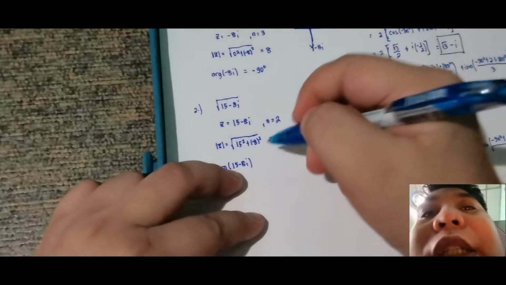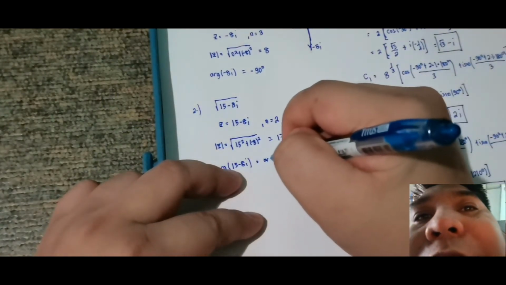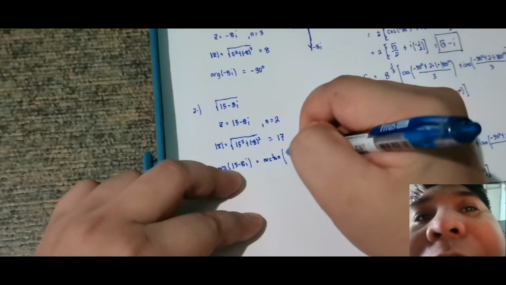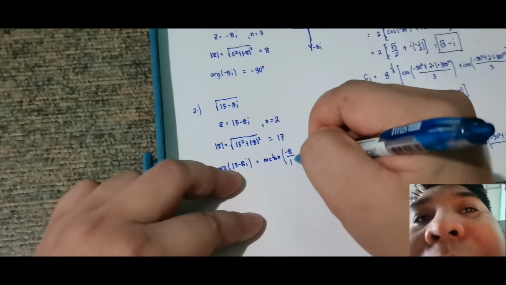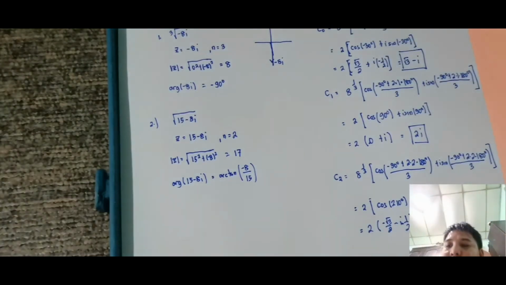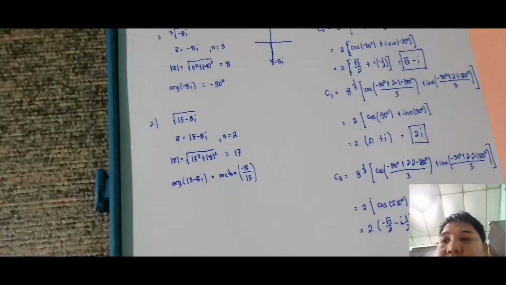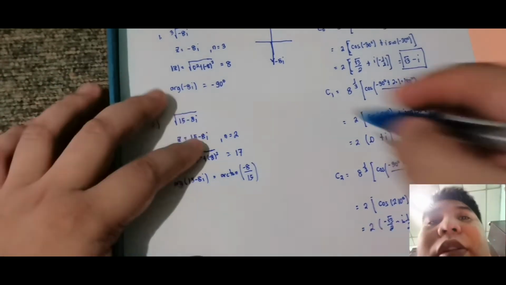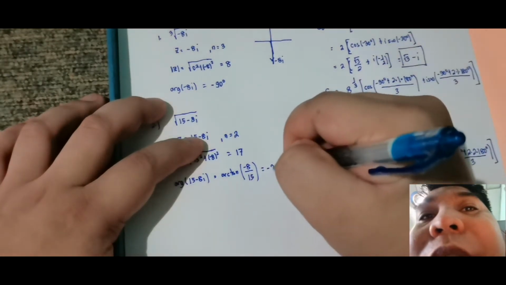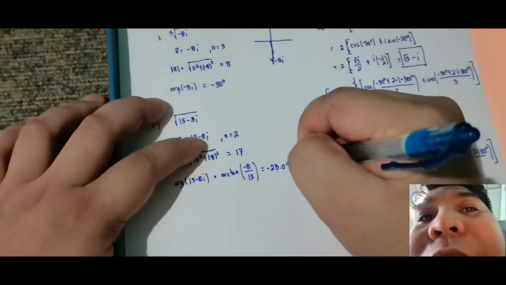So that is arctangent ng negative 8 over 15. Okay, so that is equal sa shift arctangent ng negative 8 over 15. So check ko lang. So that is equal sa negative 28.07 degrees.